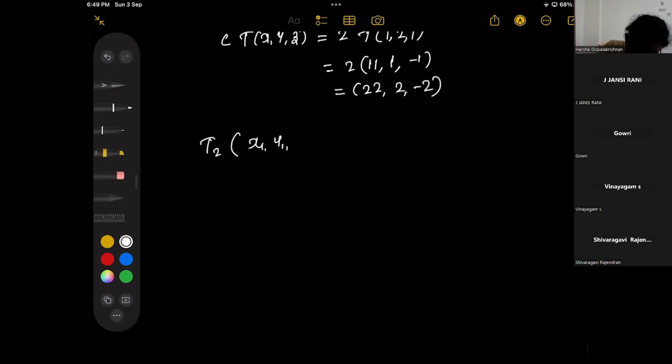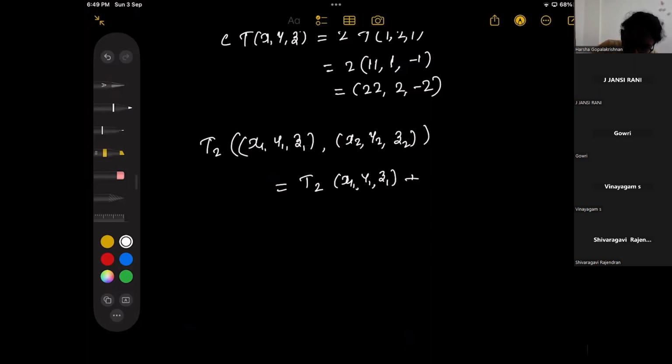I'm taking two elements, x1, y1, z1 and x2, y2, z2. What I want to prove is that T2 of their sum should be equal to T2 of x1, y1, z1 plus T2 of x2, y2, z2. So we will start with this side.